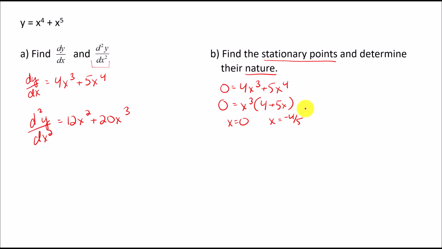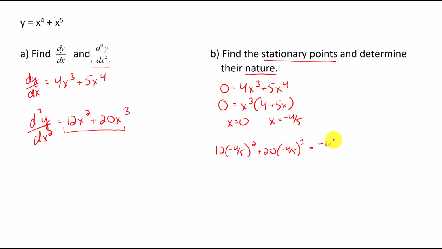If I needed to find the y values, I'd plug back in here, but I'm just going to leave this for now. Now that we have these, you can take the second derivative to determine, or potentially determine, their nature. So I have the second derivative here. I'm going to do this negative 4/5 first. If I plug negative 4/5 into this second derivative, I get a negative value.